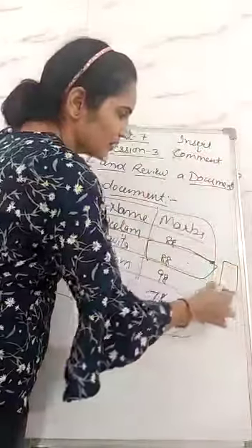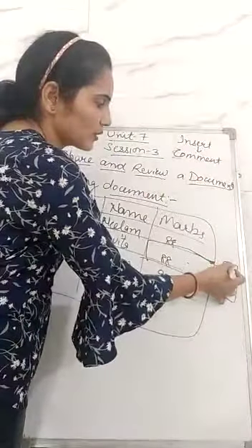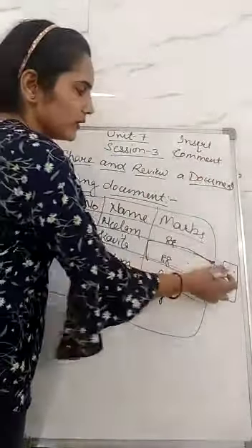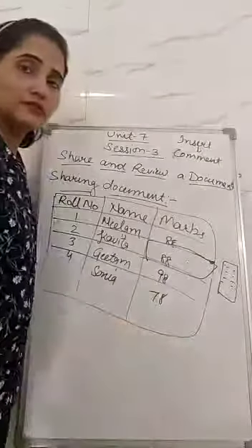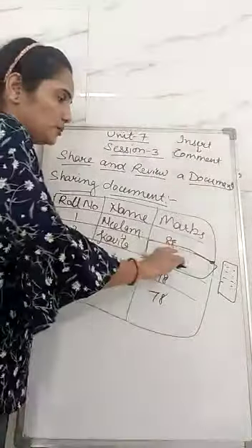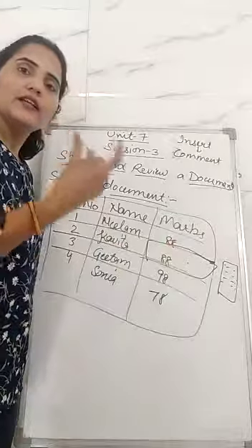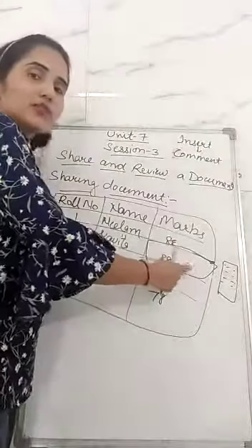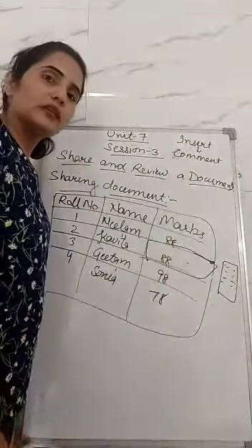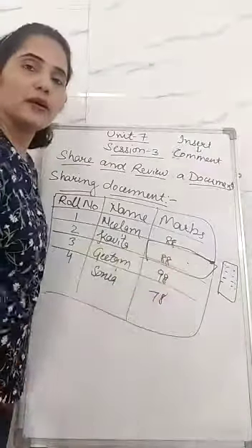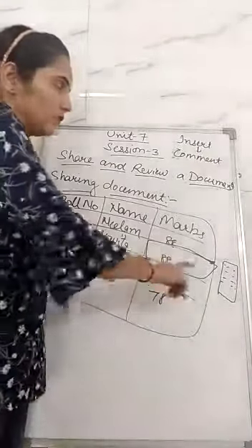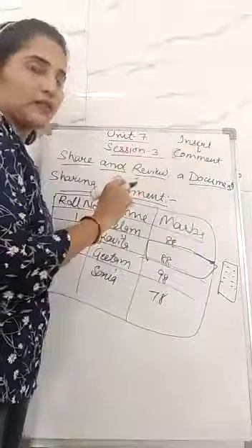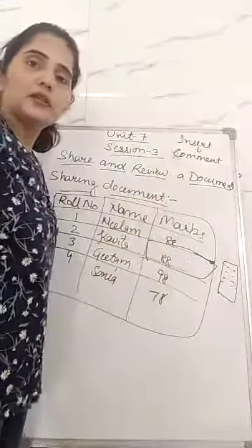When you click on comment, a box appears here and you just write down your comment. Suppose I write: this value entered by Miss Neelam Mehla. And whenever another person clicks on this cell, it will show the commented value. Yes, this value is entered by Miss Neelam Mehla. This is the way by which you can insert a comment. The first method is to click on the insert menu, then click on comment.